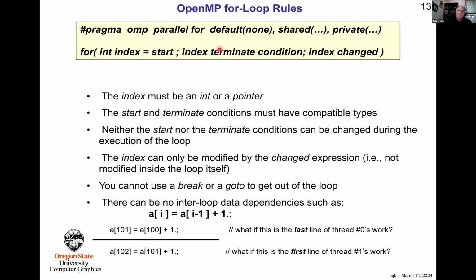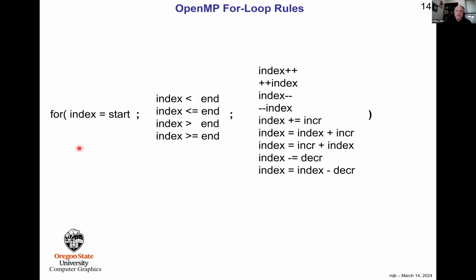Now, all of these things are required for OpenMP to parallelize your for loop without messing up, but it doesn't actually print any messages about it. It's up to you to know it, and especially this one. It's up to you to know about interloop dependencies and make sure you don't do them.